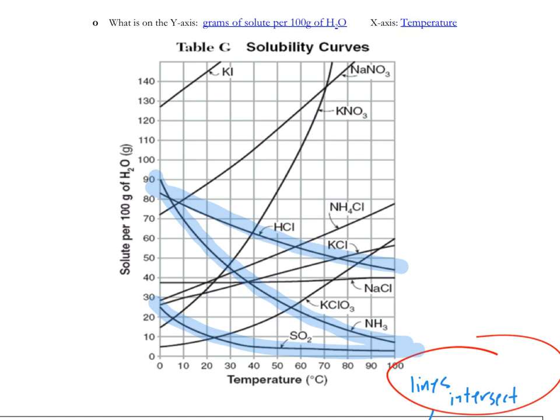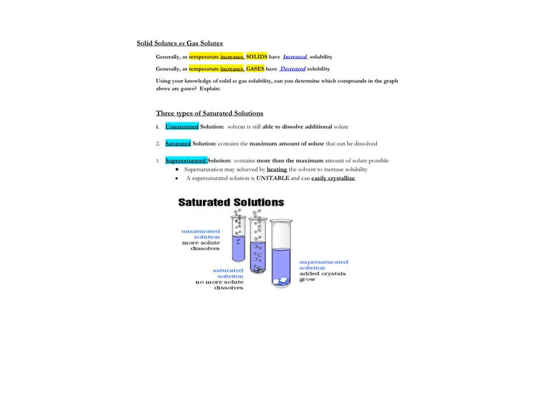So my 3 gases in here are hydrogen chloride, ammonia, and sulfur dioxide. So those are my 3 gases in my solubility curve. Let's move on.